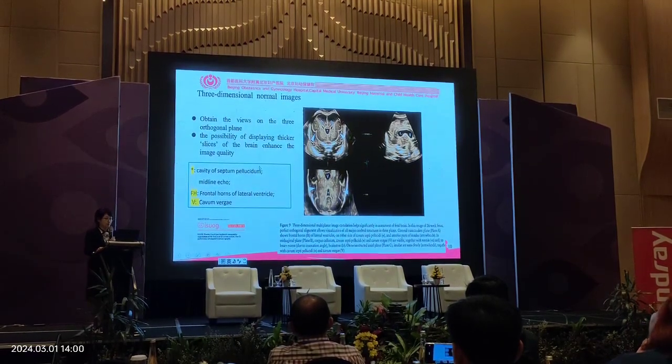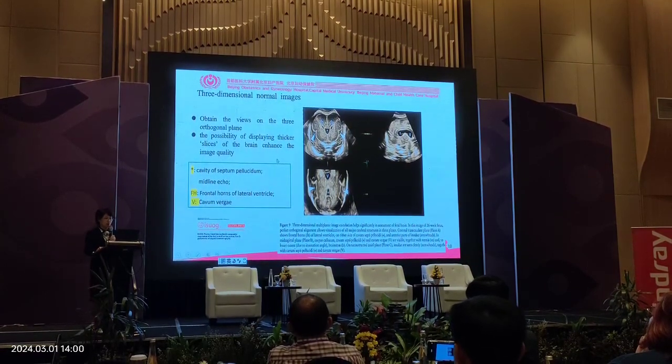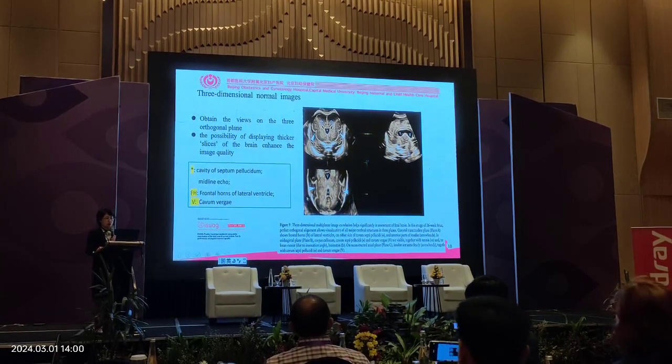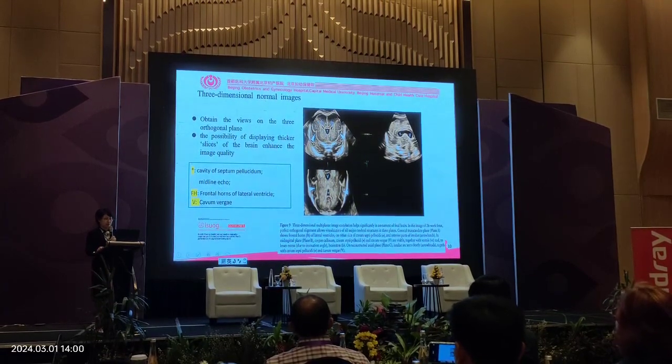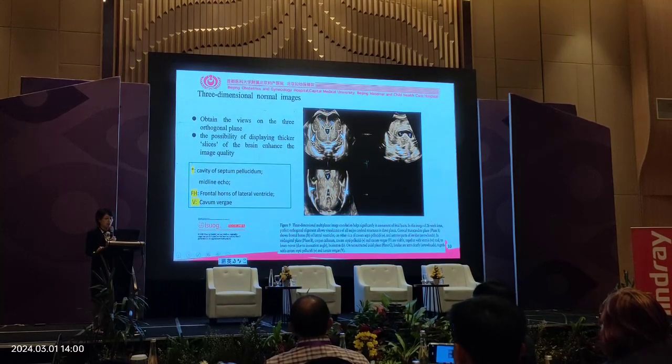We can also use the 3-dimensional volume to see the slices. It's very thin slices for the brain, enhancing the image quality, and we also obtain the views on the 3 orthogonal planes. Here we can see the cavum septi pellucidi also, and the midline, and the frontal horn of the lateral ventricle.